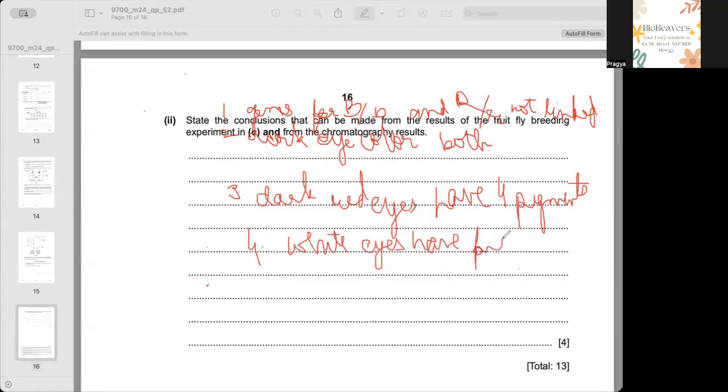This question appears to be difficult because it's asking you to analyze about 4 pages of data information which is given to you. But all you have to do is go step by step. First was looking at experiment C, predicting a solution about the genes and the dark eye color. Second is looking at the chromatography result and predicting what could actually be there.